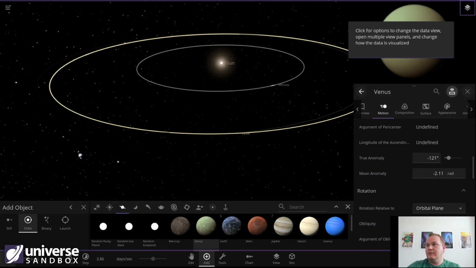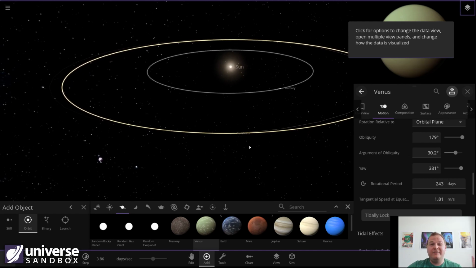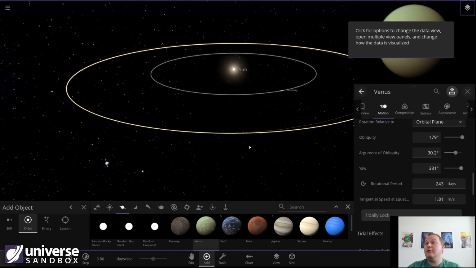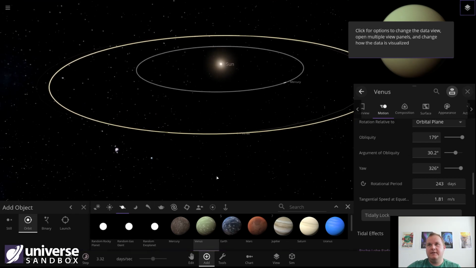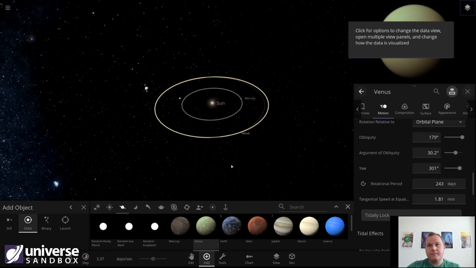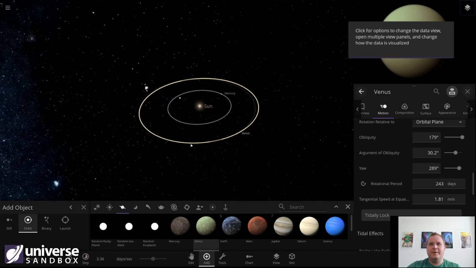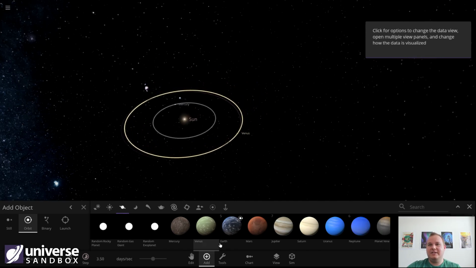Its rotational period is 243 days. That's a day. So long story short, on Venus, a day is longer than a year, which is pretty crazy. And it's the only planet where that's true. Well, sort of. We'll talk about some other ones as we go a bit further out. So that's Venus kind of in a nutshell.